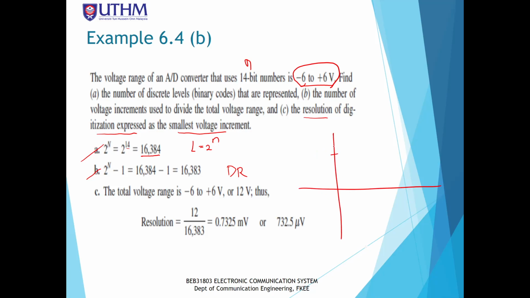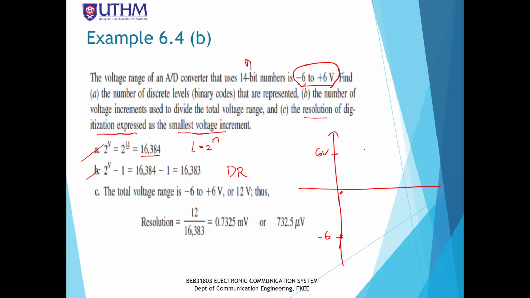So from 6 volt, and here, for example, minus 6, and this is 0 volt. So the level count is actually excluding the 0. When we assign the step size, we are excluding the 0 volt.